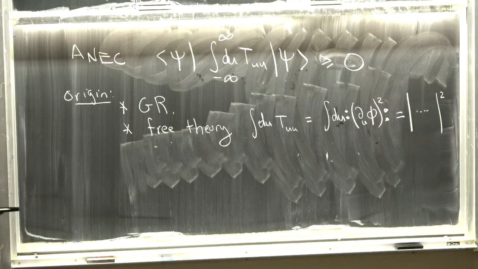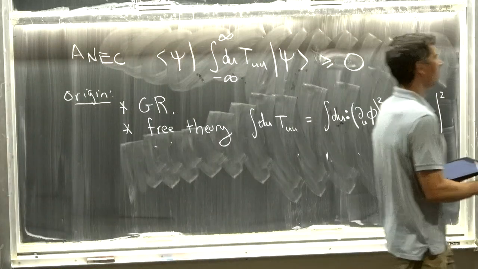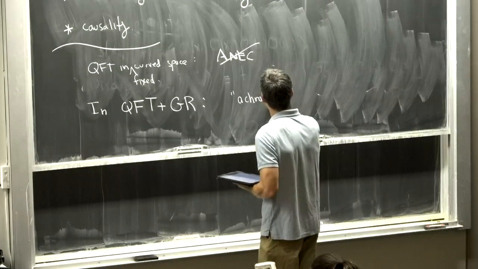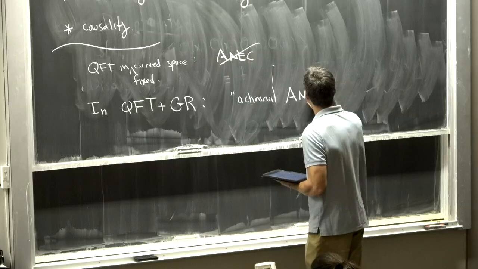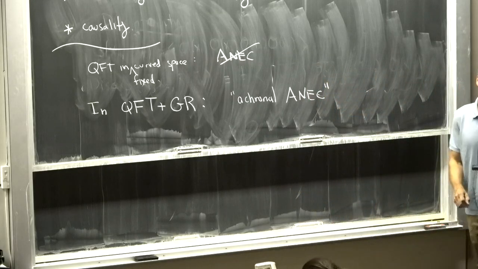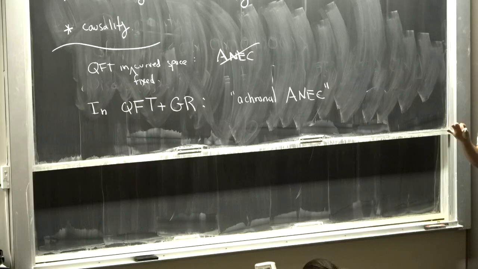However, the achronal ANEC is a modification of the ANEC. This one is believed to be true in quantum field theory coupled to GR.